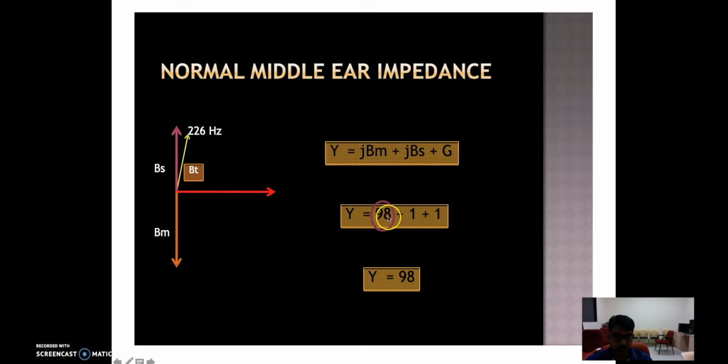So I've represented it here as 90, for example, and the contribution by the rest of them is very, very negligible. So that's why we consider the total impedance as the impedance offered by the stiffness component alone. So this is why we call it a single component tympanometry, because we are using only one component, that is the stiffness component, to measure it.